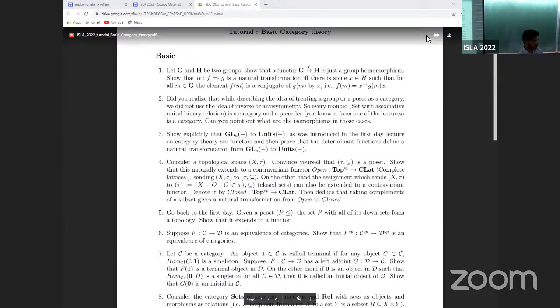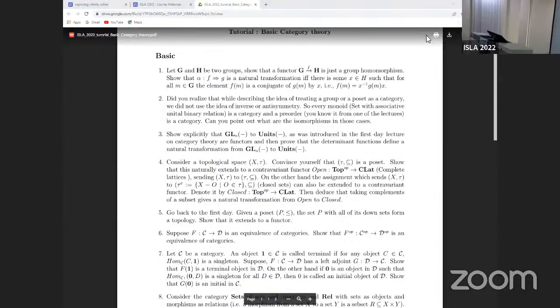Do we use the concepts of left and right inverses in this? Inverse for what? For any morphism, let's say small, in a monoid. So a monoid is a more general structure than a group.